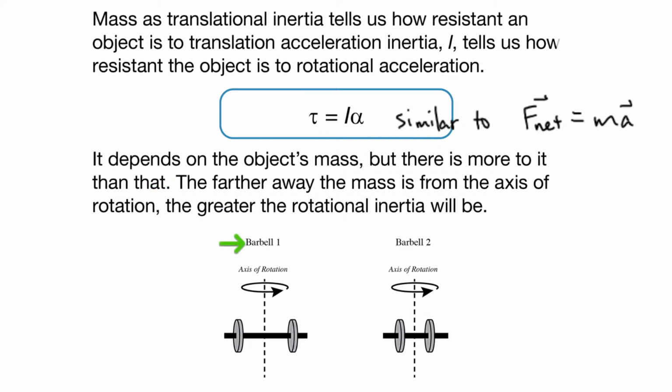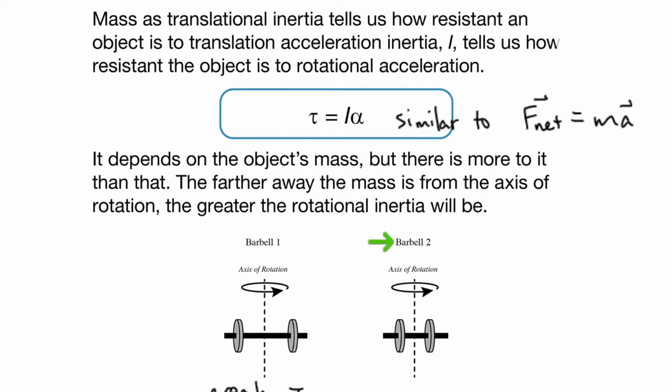So we see that with the barbells down below. If we wanted to rotate both barbell systems, it won't be equally as easy to get the rotation happening. For this first case, the weights on the barbell are actually pretty far away from the middle, which is our axis of rotation. So a mass distributed far from the axis of rotation should lead to a greater moment of inertia.